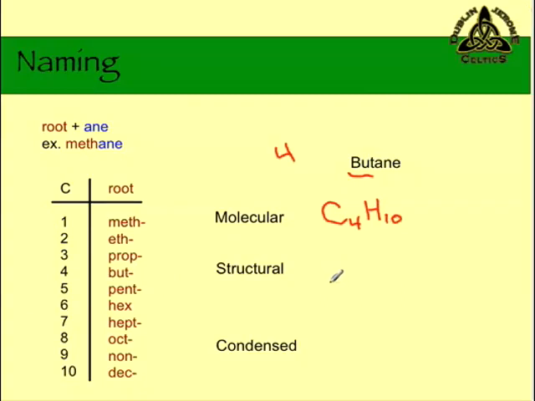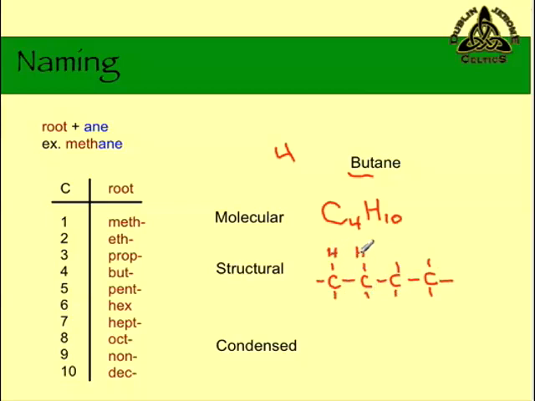Structural formula now. We're going to draw out the carbon skeleton of this molecule. We know we have 4 C's, and they're all attached together. Now each carbon can have 4 total bonds. So I'm going to draw in the extra bonds to each of these carbons. And whichever bond is not bonded to another carbon, that becomes a hydrogen for an alkane.